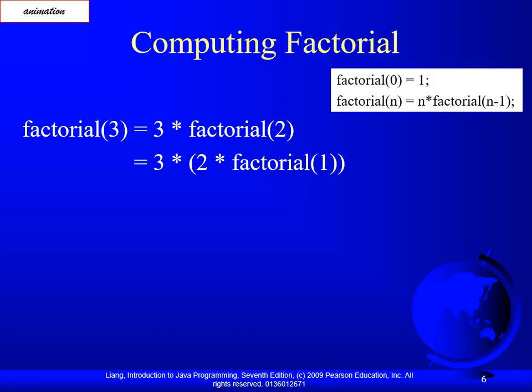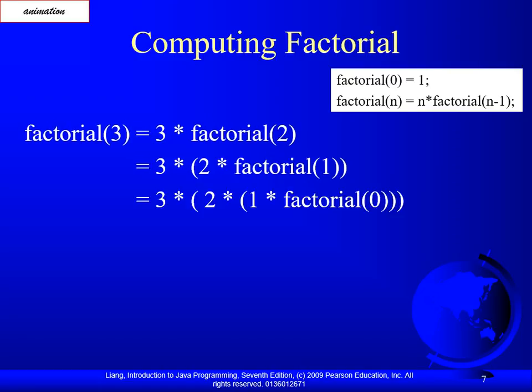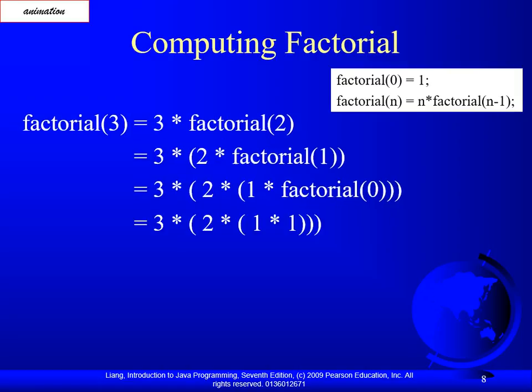Factorial 1, do we know the value yet? No, we don't. It is equal to 1 multiplied by factorial 0. And now factorial 0, based on the definition we saw earlier, we know that the value is 1.